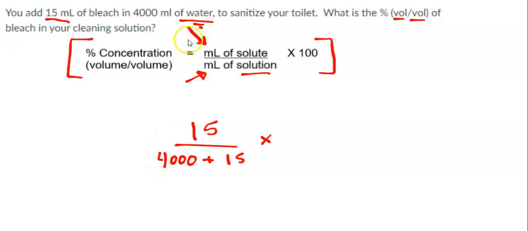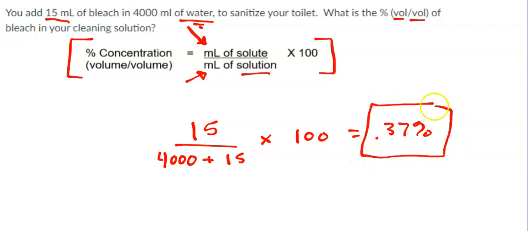So be careful as you read these to make sure if you need to add the two parts in the denominator. All right, that's times 100. So let me pause that and I'll do the math. All right, when I type that in, I got 0.37%, and that would be my volume over volume percent concentration of this bleach water in the toilet.